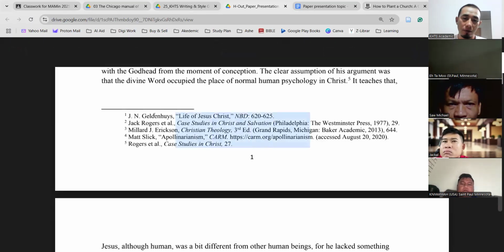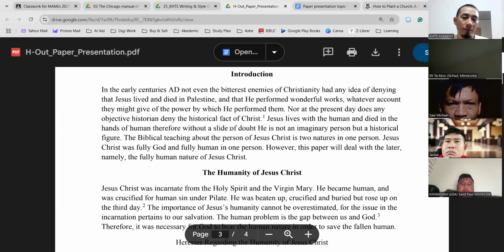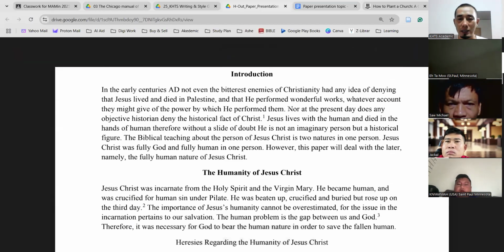From there, I get the resources and cite it, because it is not only my idea. In the introduction, if you use someone's idea, please do the citation, in other words. Okay, thank you for asking.